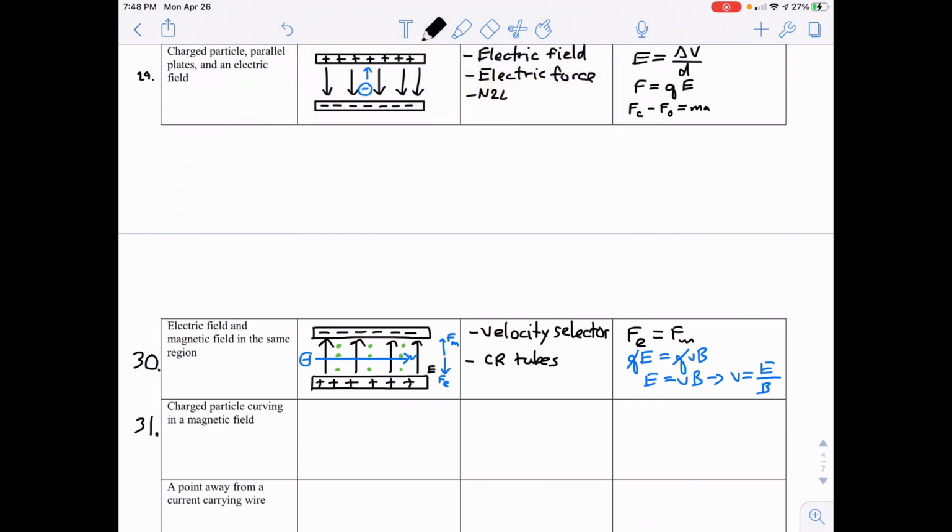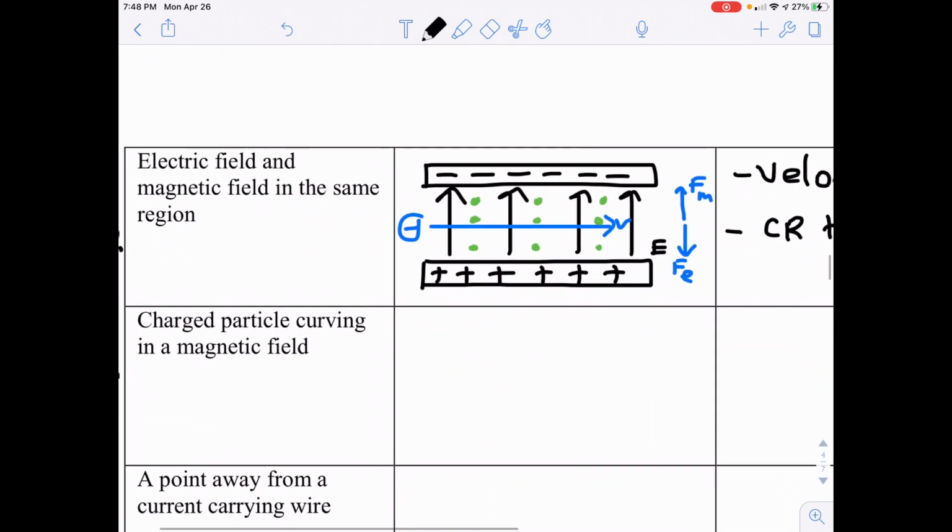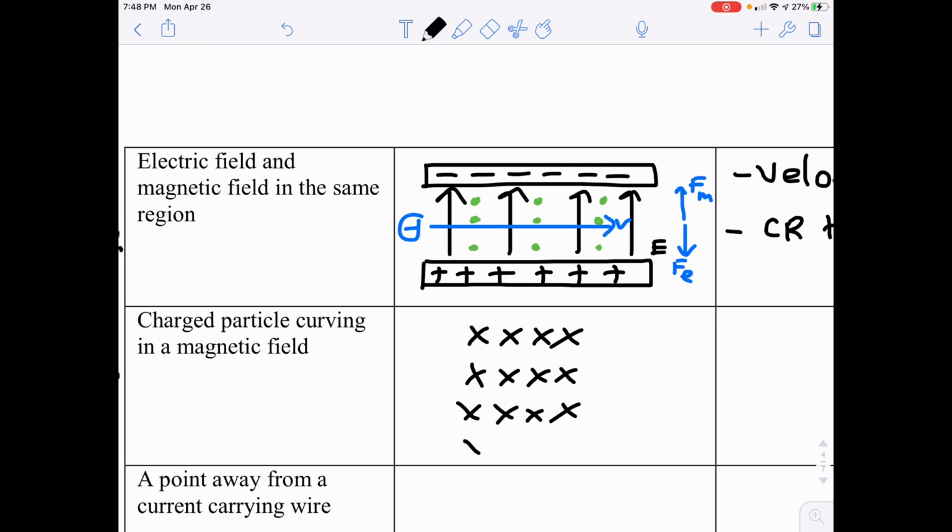So now in number 31, we have a charged particle that's curving in a magnetic field. So let's pretend that we have a magnetic field directed, let's say, into the page. And let's say we have a positively charged particle entering the field right here at this point.